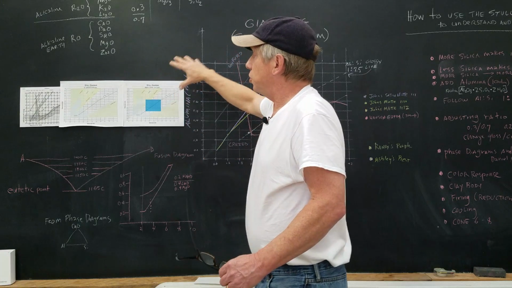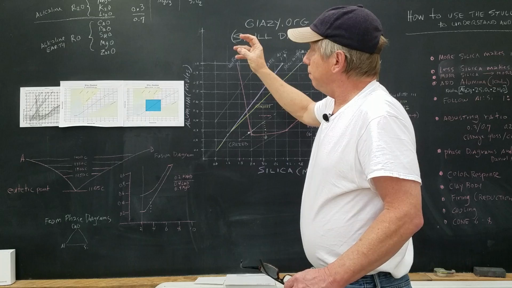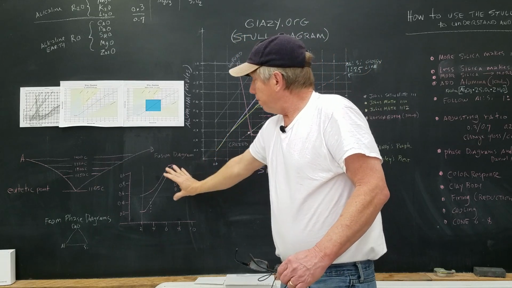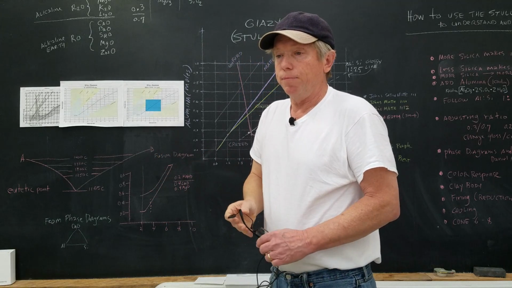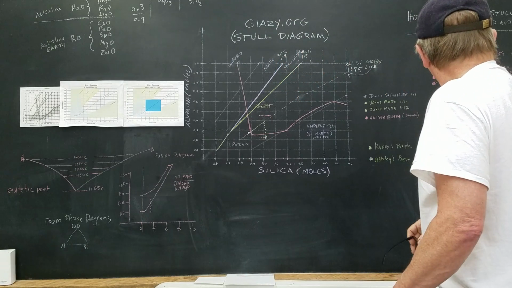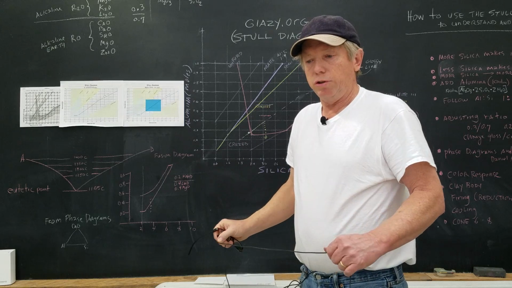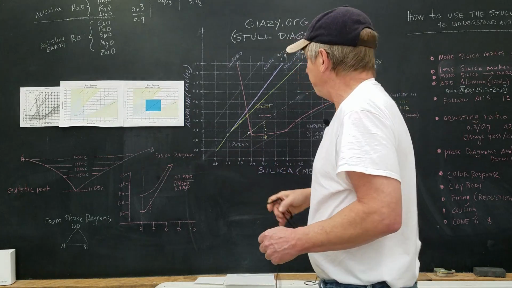That's what Stull used when he developed this chart, and that can vary for certain reasons. I'm going to show you some ways here with fusion diagrams and with the Daniel Montmillion book. He has a bunch of phase diagrams in there. I'll show you a little bit about that, and we can talk more about that in the next video.